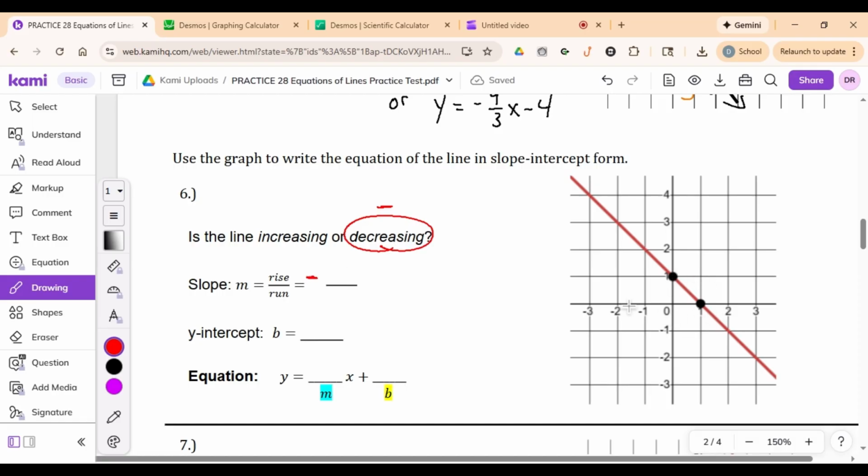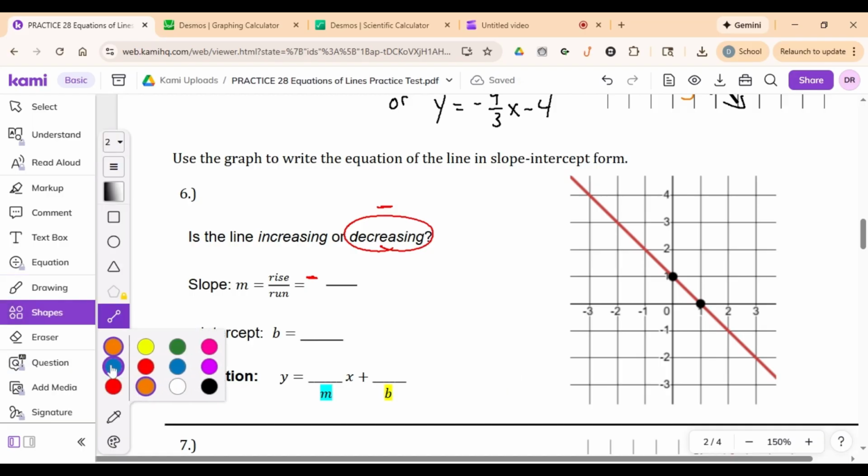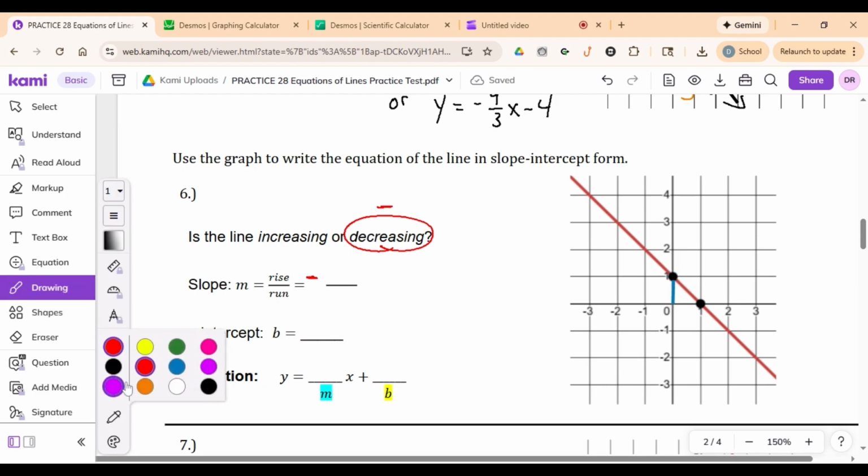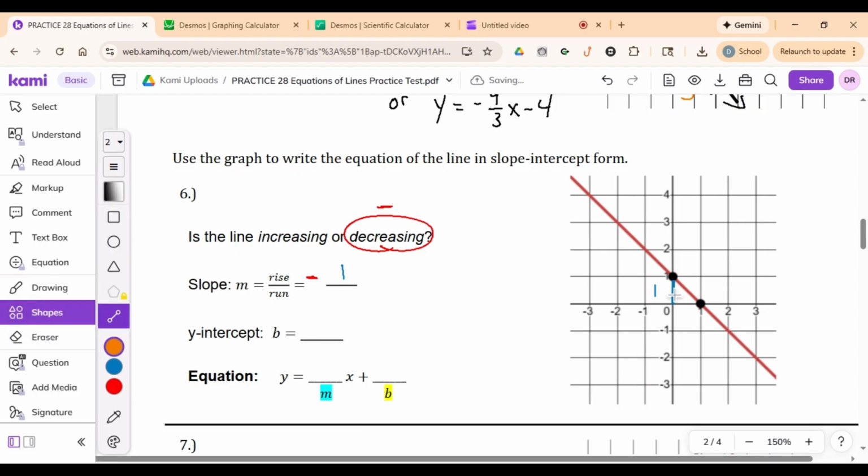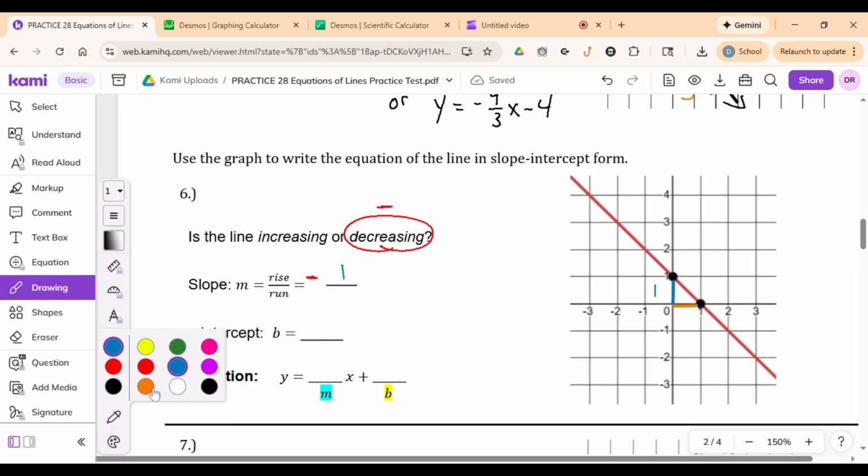Getting from one point to the next one should be a pretty easy task in this case. Going from the first point to the next, it looks like I just need to go down 1 time. So we're going down just once here. So there's my top number, that's my rise. I also need to move over, and it looks like, again, that's just 1. So 1 over to the right, and that would be my run.